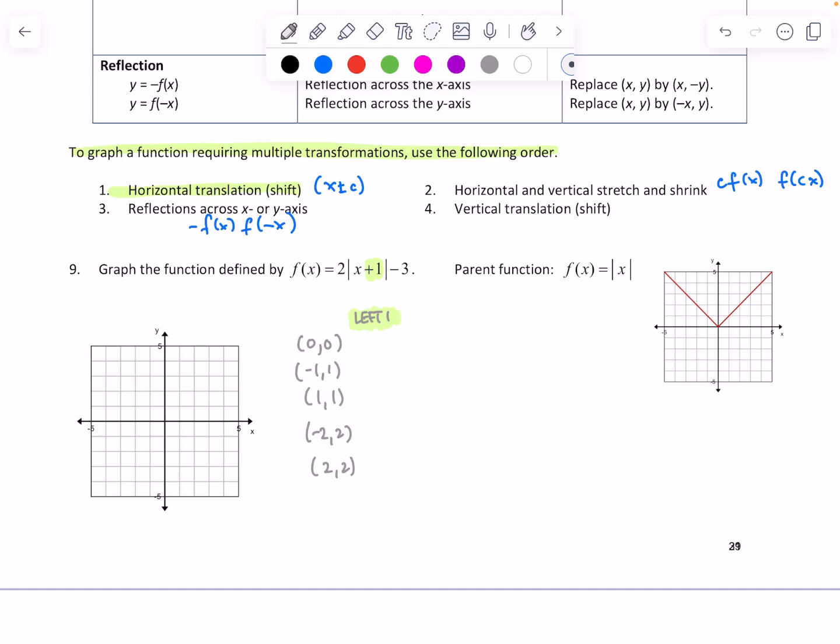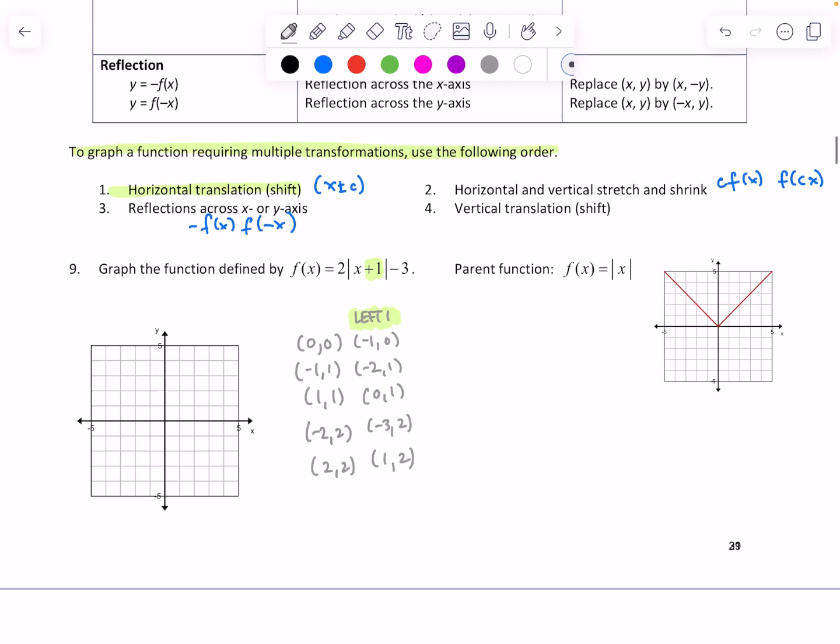So I'm going to write as if that were our only transformation. If we only did left 1, where would we end up? And that would be at negative 1, 0, negative 2, 1, 0, 1, negative 3, 2, and then 1, 2. That's our shift left 1.